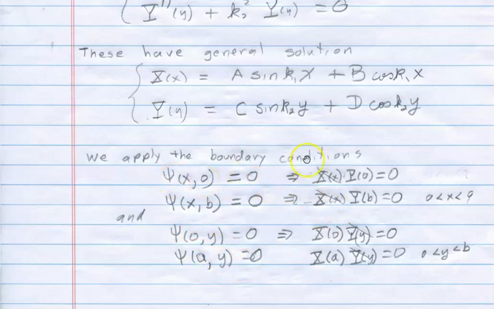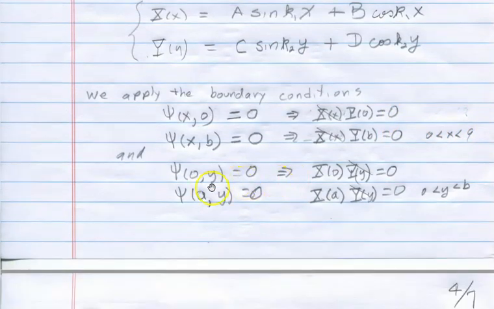And since these are separable, psi is X of x times Y of y, but y is evaluated at 0. X of x could be anything, and so this condition translates into capital Y at 0 is equal to 0. And similar analysis on this one says that capital Y of b has got to be equal to 0 for any x from 0 to a on both of these.